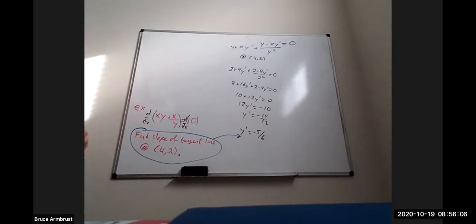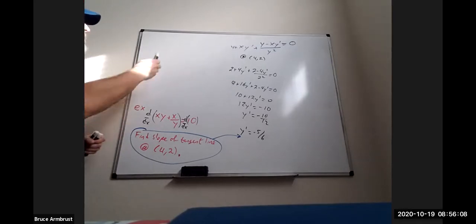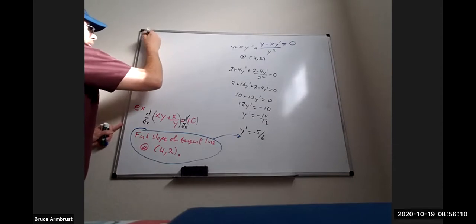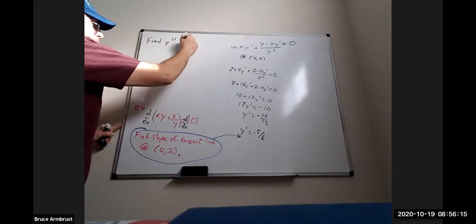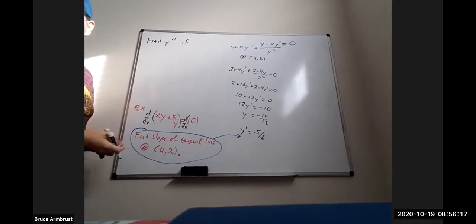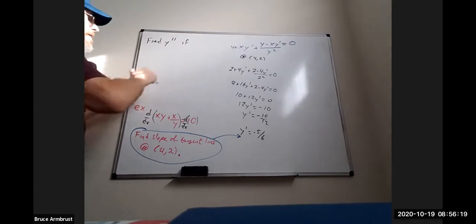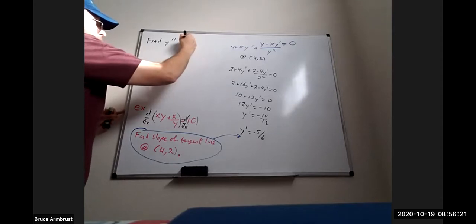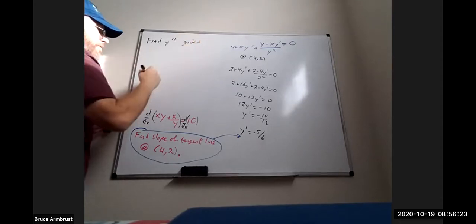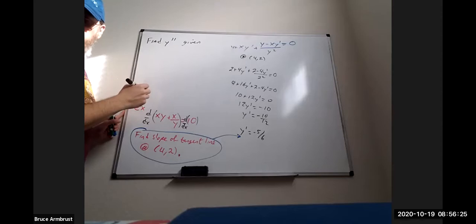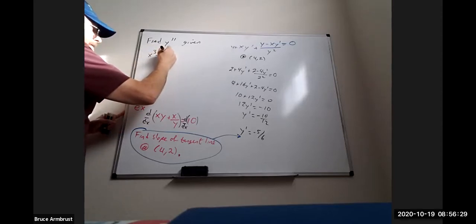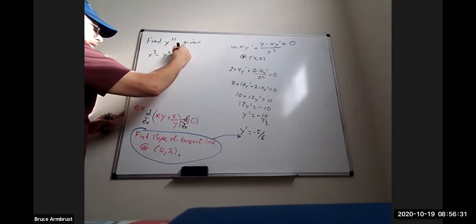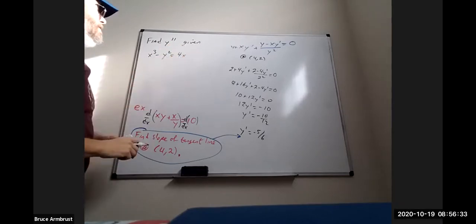Let's find y double prime given this. Let's go relatively easy. Let's go x cubed minus y squared equals 4x.